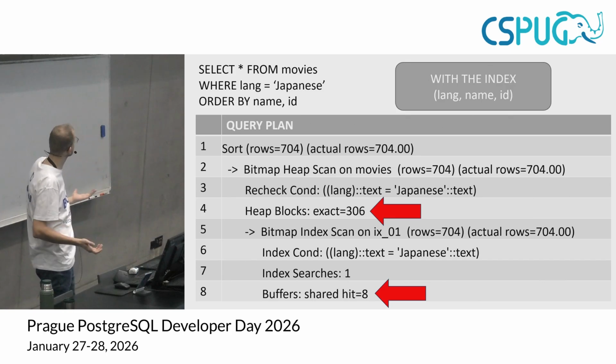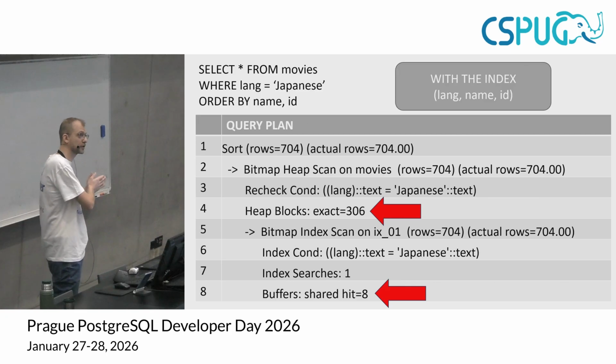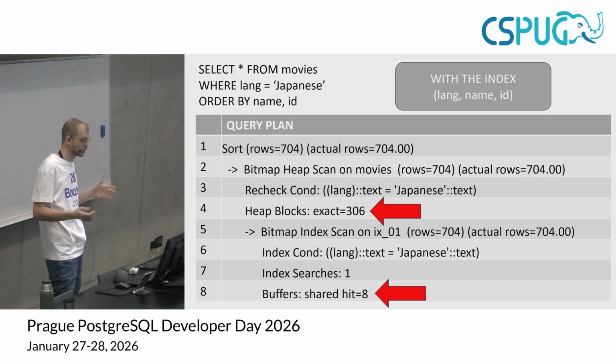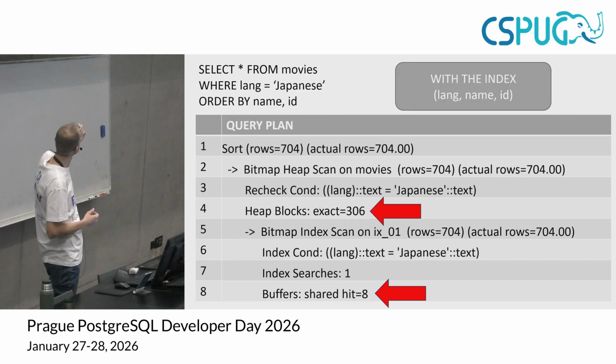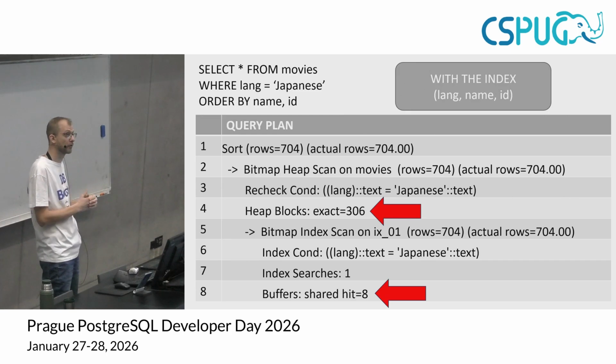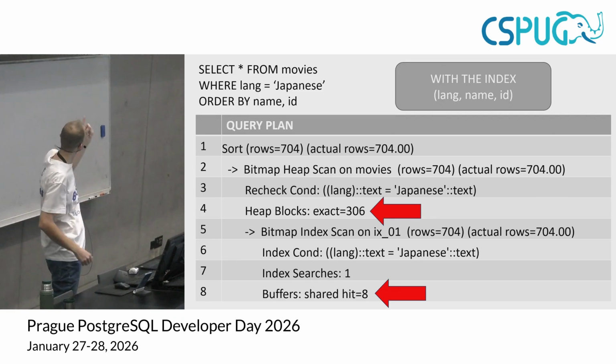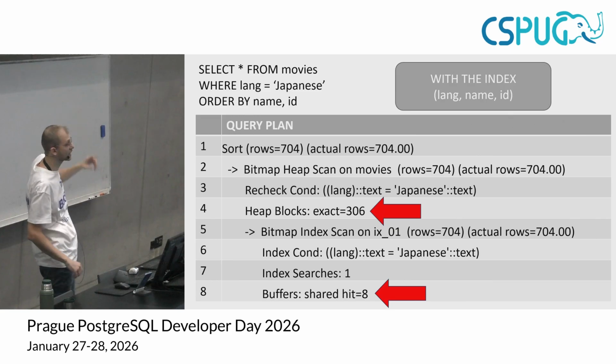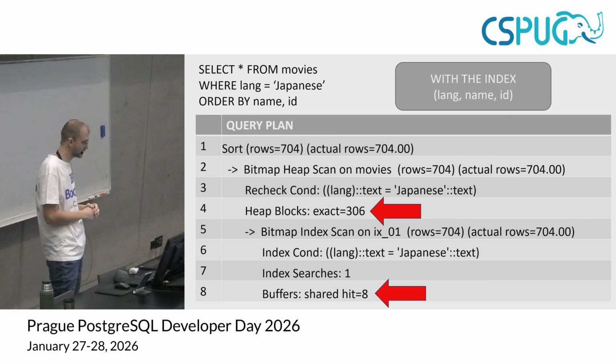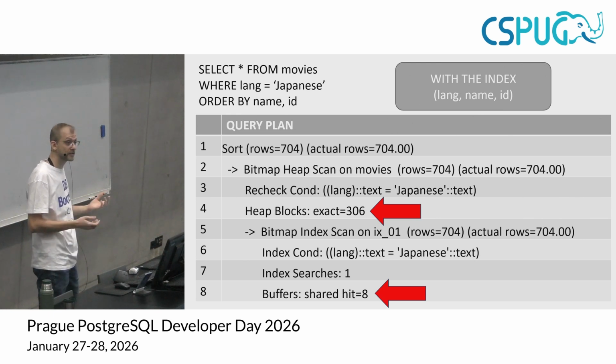It's coincidence, and it's again bad luck, that my 700 movies are spread across the majority of my pages. So this is the first key point, that the performance is not led by the number of rows you return, but the number of pages you touch. 700 in 10,000 rows is 7%. 306 from 357 pages, it's, I don't know, 85%.